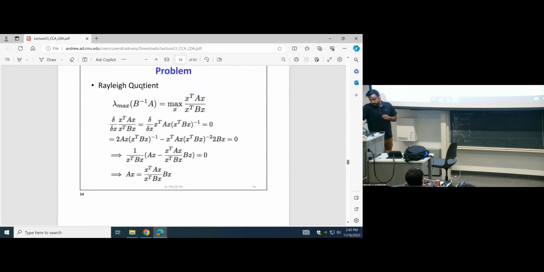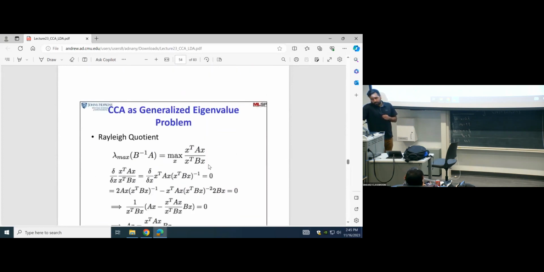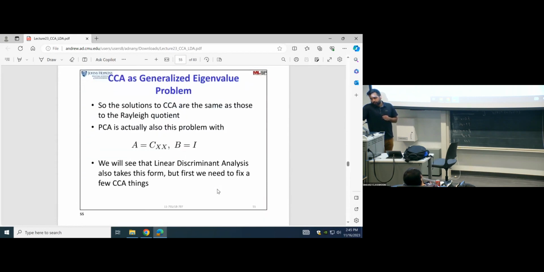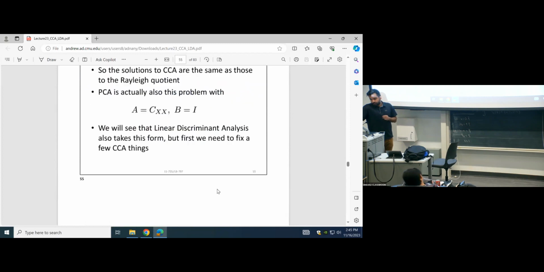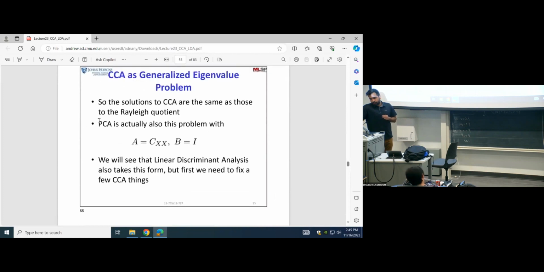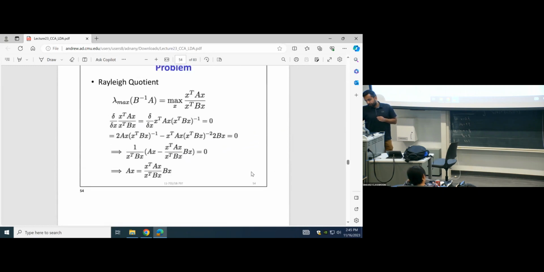Okay, I don't even know this, but you can make it a Rayleigh quotient. Yeah, I guess this might be a quiz question. PCA is also the same when A and B are these two in this form.